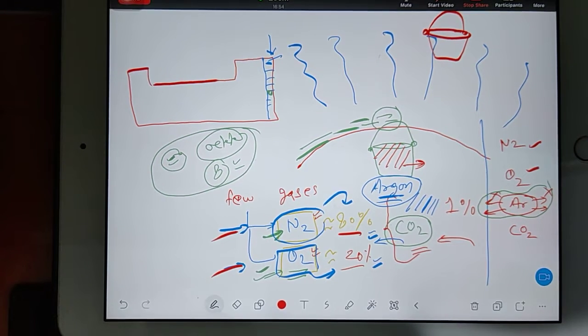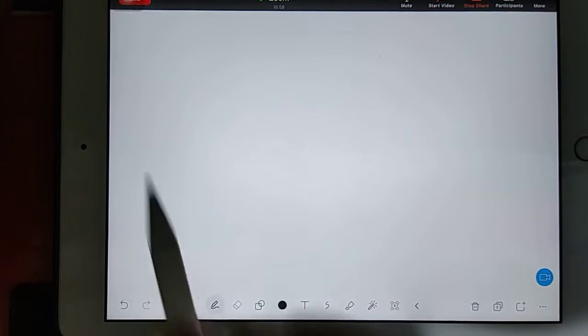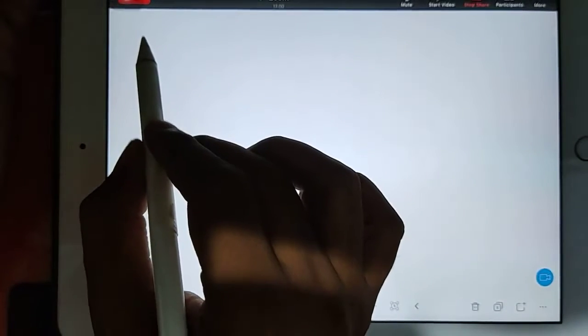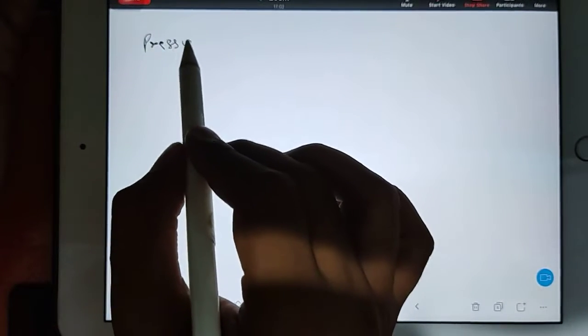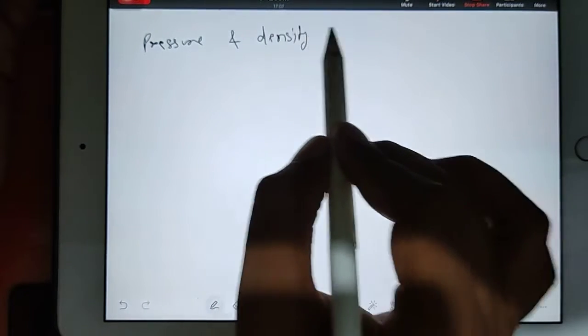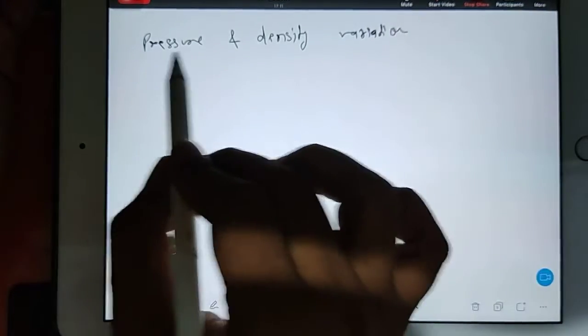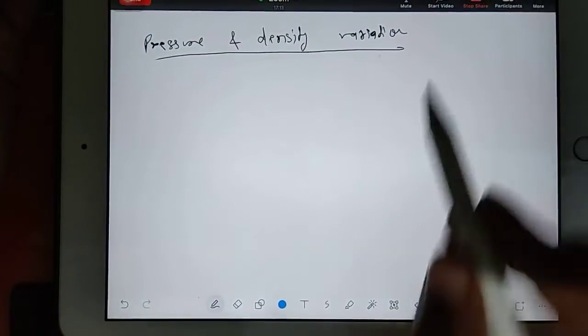Okay. Now see, we have to understand pressure and density variation in atmosphere.